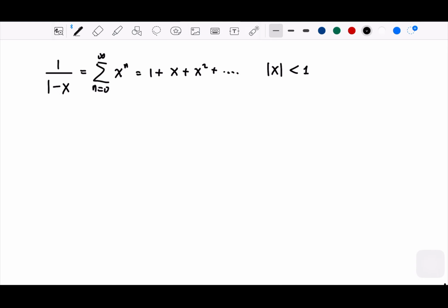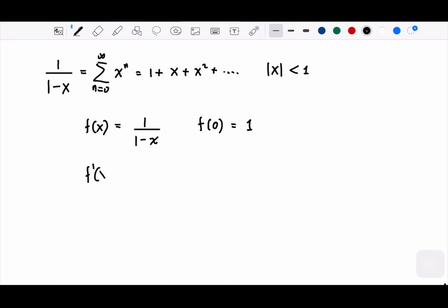So according to what we have done in Maclaurin, when a is equal to 0, if we plug in 0 into this function, this is equal to 1, right?